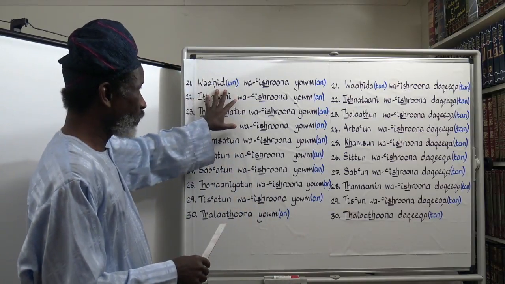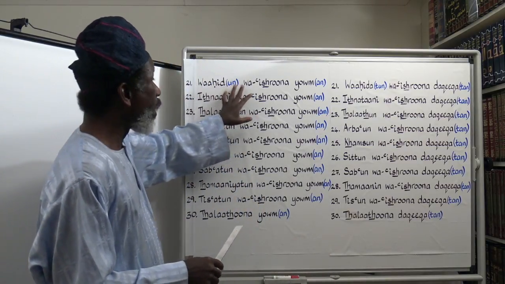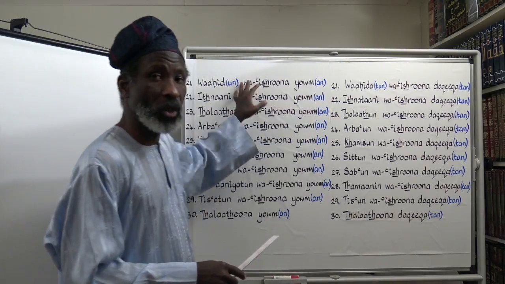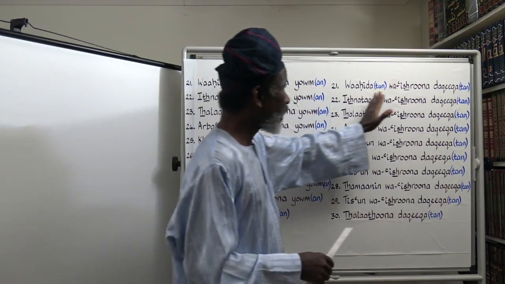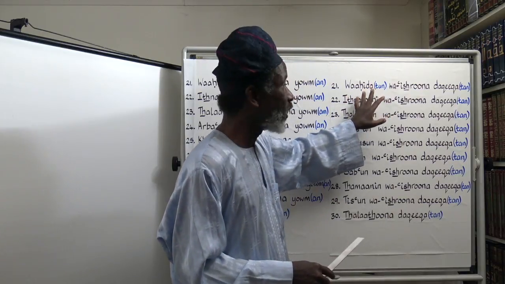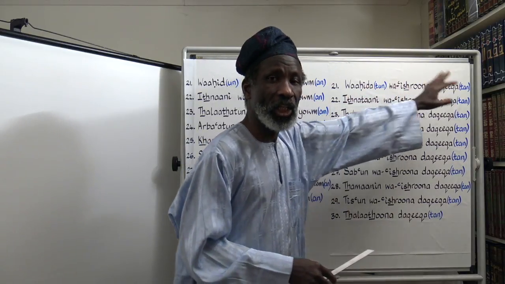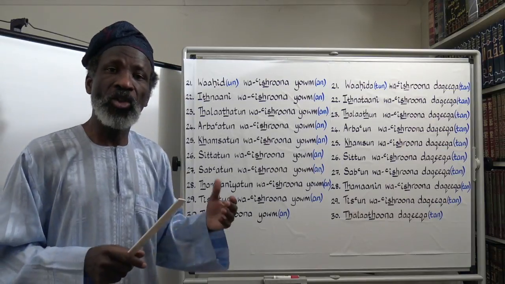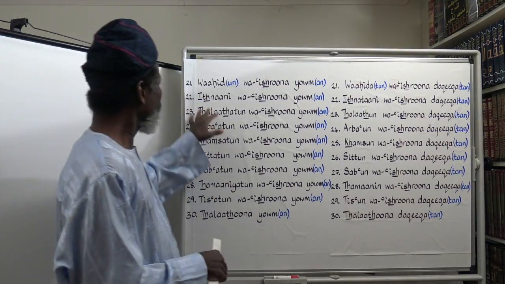So واحد, that's masculine. وعشرون يوما, 21 days. But here, because we are counting feminine, we say واحدة, that's feminine. واحدة وعشرون دقيقة, 21 minutes.